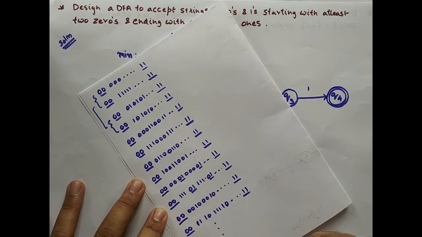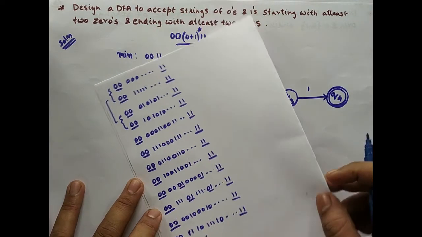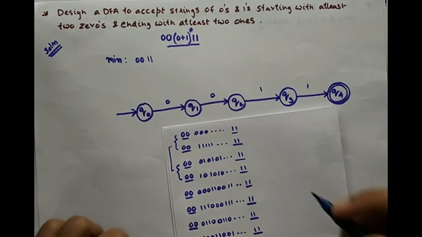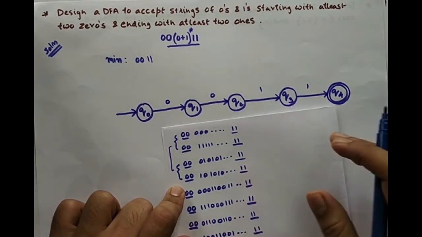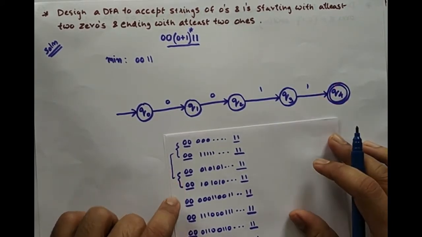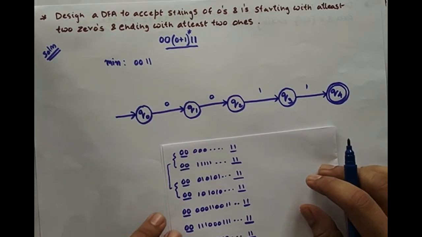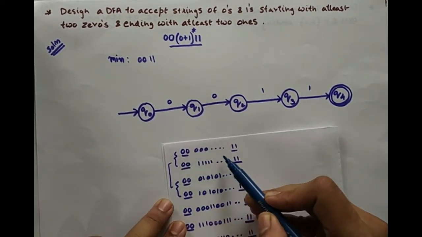And this continuation will go on, but at least all these strings should be accepted so that the automata is correct. So now we'll take each of these strings and we'll build upon this basic automata so that we get the final automata. So beginning with the first string, that is n number of zeros ending with 1, 1.